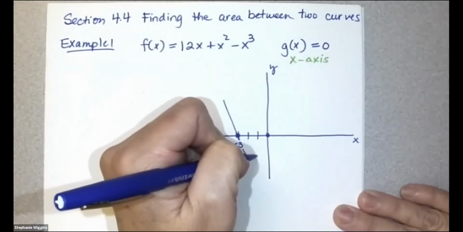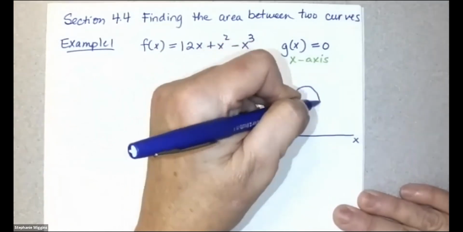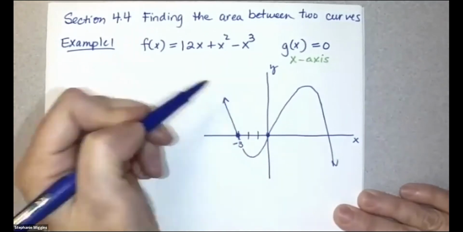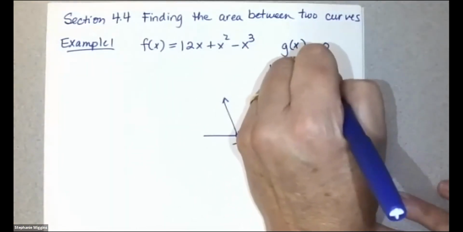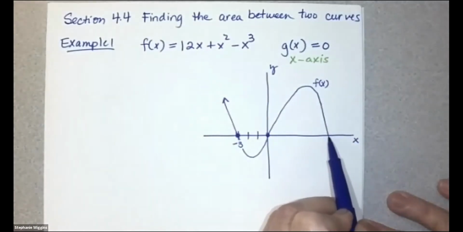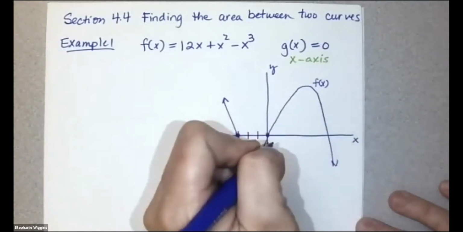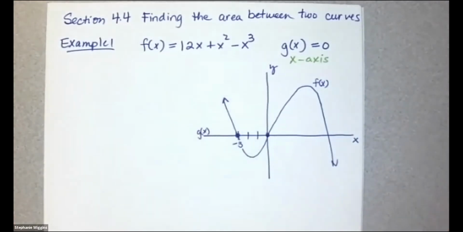It's not very accurate, but this is f of x that I'm talking about, right? And your g is the x-axis. So I'll just put g of x over here.